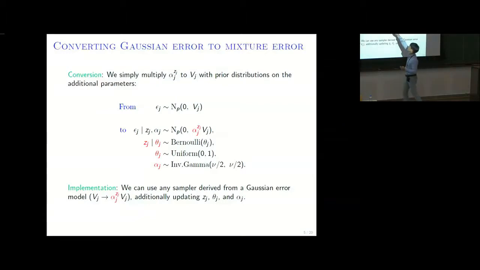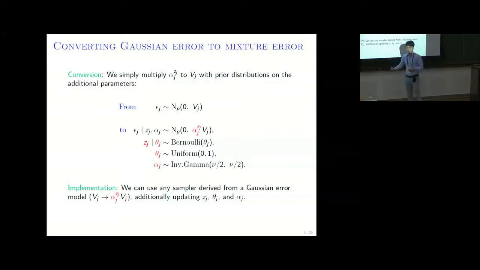I'm just multiplying this modification term, alpha j to the zj, to the known variance components. And I set up some prior distribution to account for the uncertainties of these extra parameters. So that's it.